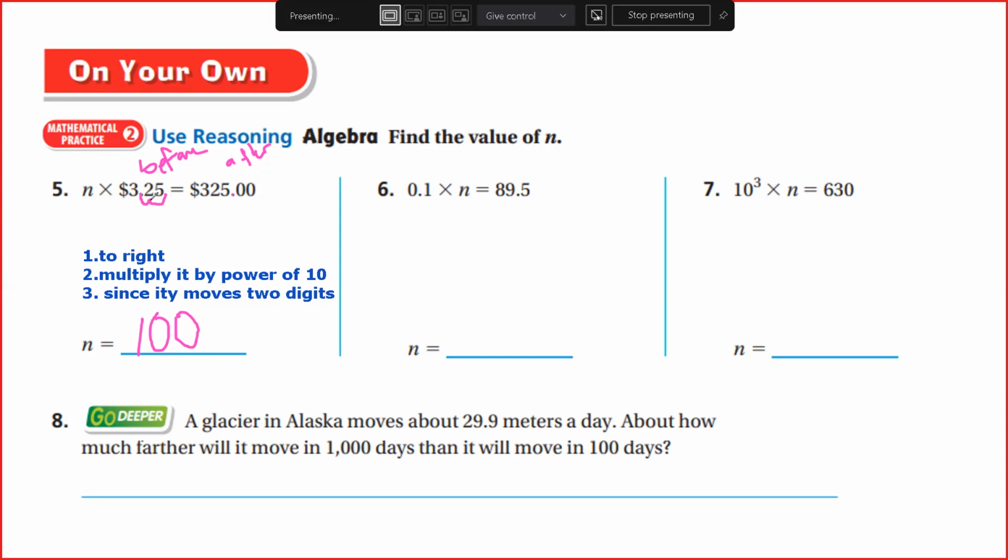Number 6, is it clear? Yes. Number 6. Now I want Lana. Point 1 times n. When you multiply any number, Lana, by point 1, where do you have to move the decimal point, to the left or to the right?